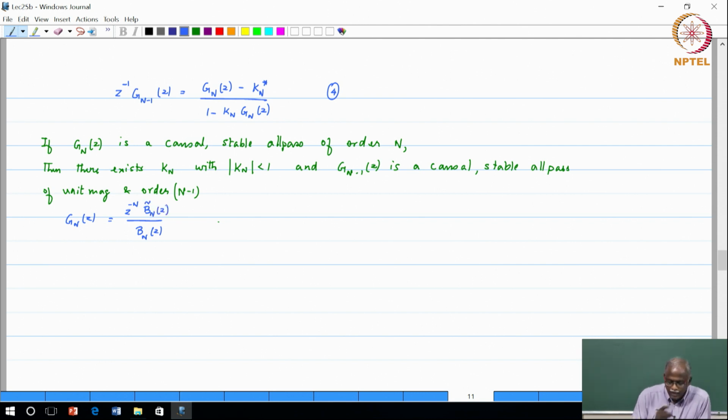And if you wanted to write down the polynomial b n of z, we would write it in the following manner: b n comma 0, that means it is the 0th coefficient of the polynomial, plus b n comma 1 z inverse plus b n comma 2 z minus 2 dot dot dot plus b n comma n, the nth coefficient of the polynomial, z power minus n.